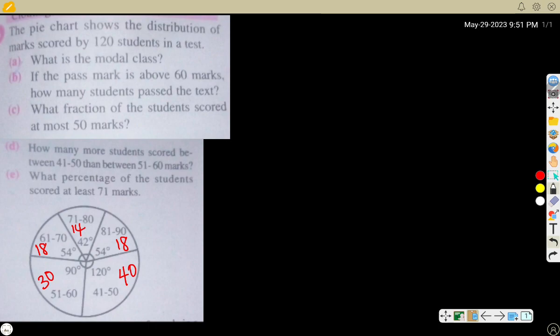D, how many more students scored between 41 to 50 than between 51 to 60? So for 41 to 50, we have how many students? Check, we found that before. 41 to 50, we have 40 students there.